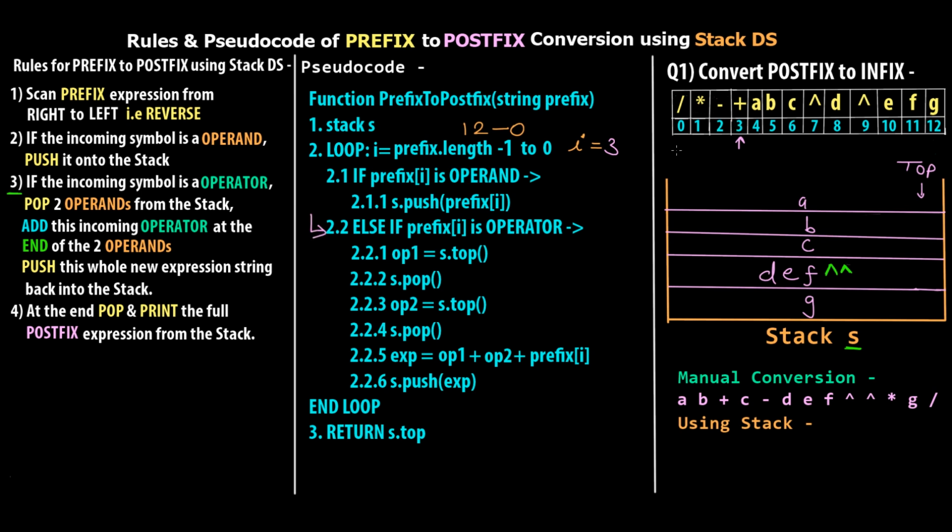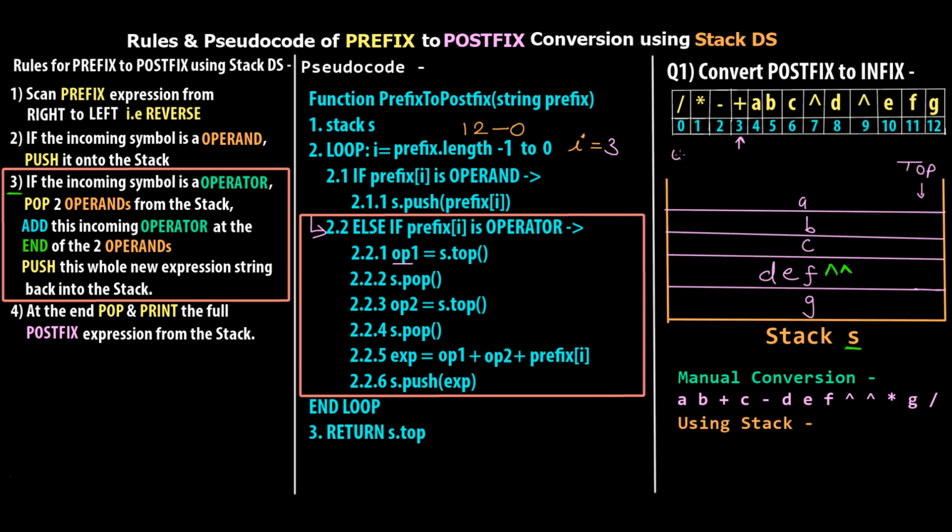We will again say OP1 at 2.2.1. OP1 is equal to s.top, which is A right now. Top of the stack is A. Then at 2.2.2 we remove the top of the stack. Then at 2.2.3 we say OP2 equals to s.top, which is B. Then at 2.2.4 we remove that B also, saying s.pop.